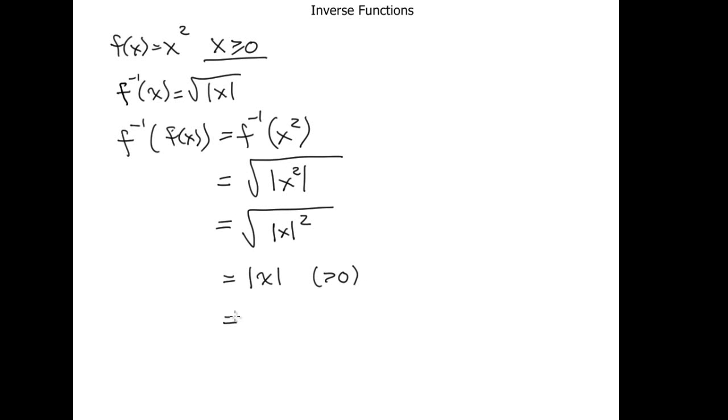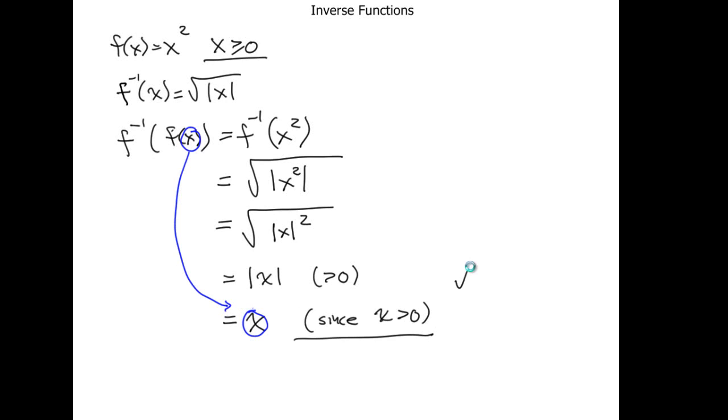And since x is greater than or equal to 0, this is equal to x. That's the only thing different from the previous slide. Since I limited the domain to the region where x is greater than or equal to 0, this is the inverse function. So sometimes when the inverse function doesn't exist, you can fix that by looking at a smaller domain.